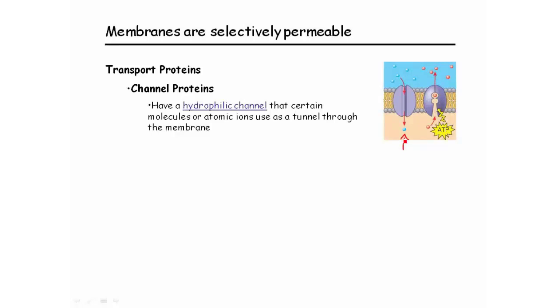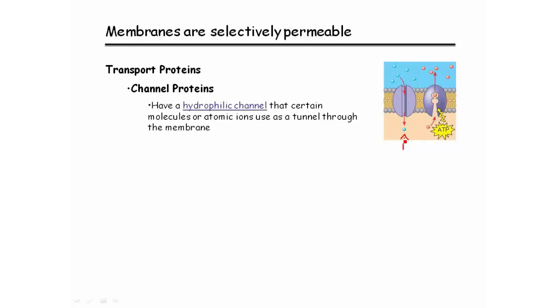What this provides is a passageway so that something that is tiny and polar or charged is going to be able to cross through. Now, these channel proteins don't allow unrestricted access from one side of the membrane to the other. They very often can have gates or kind of doors on them, and these can open and shut at different times depending on the needs of the cell.